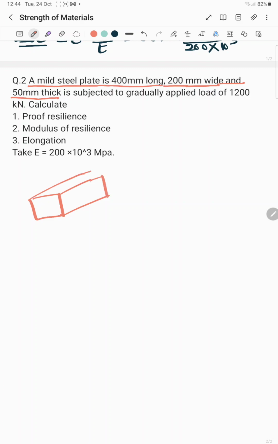The length of this steel plate is 400, the width is 200, and the thickness of this plate is 50.